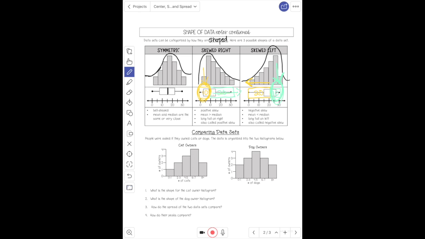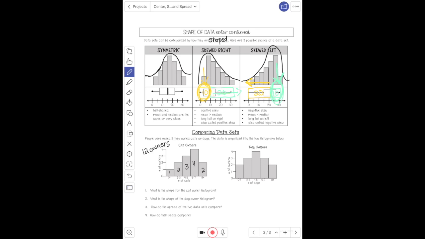So I'm going to add up my columns. I have 1, I have 2 here, 3, 4, and 2. If I add these up, 1 and 2 is 3, then 6. So this one has a total of 12 owners.